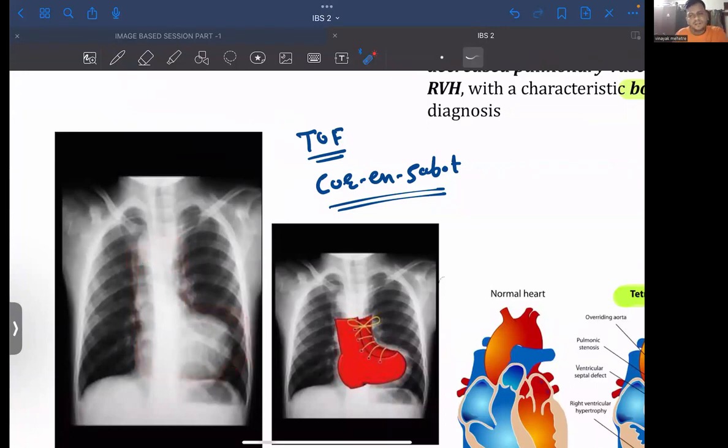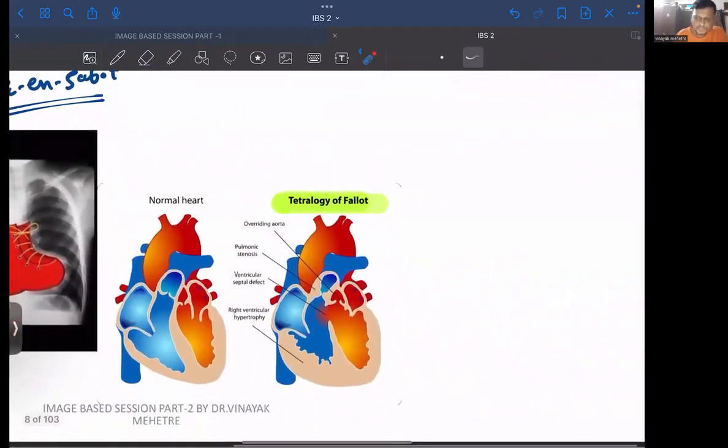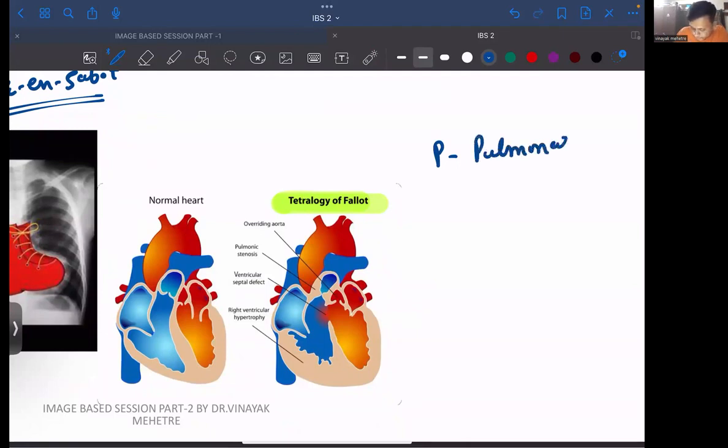Now tell me what is the content that you see in boot shaped heart or tetralogy of Fallot? What comes from P? Pulmonary stenosis.